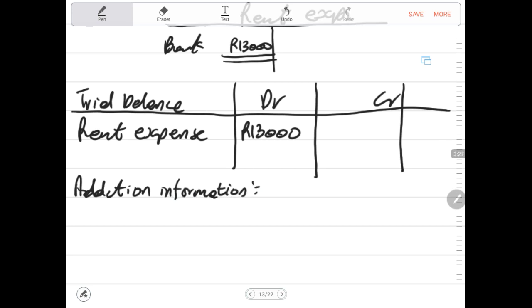Then now under additional information, they will say to you that rent per month is 1,000. I'm just assuming that rent per month is 1,000. So now in other words, we are going to say if rent per month is 1,000 and we're supposed to have paid rent for the full year, then how much rent was supposed to be paid?